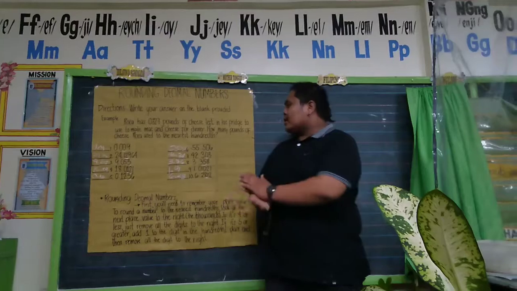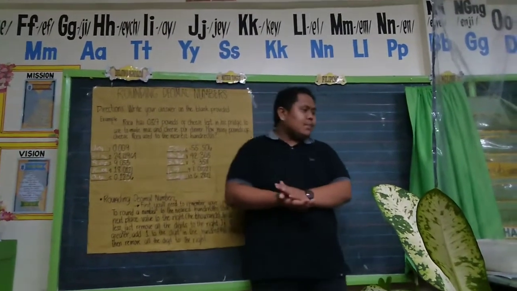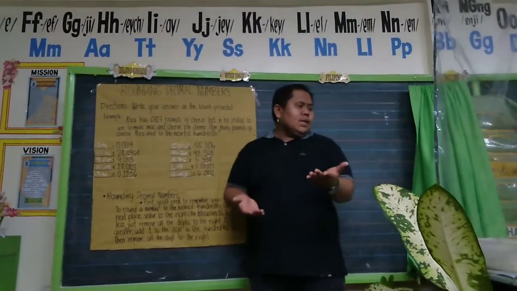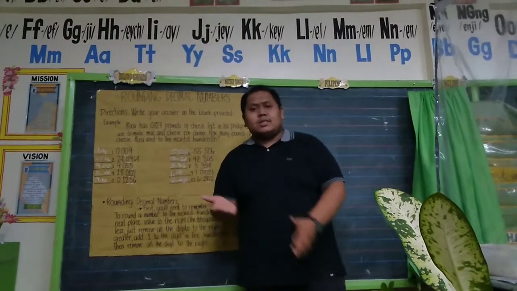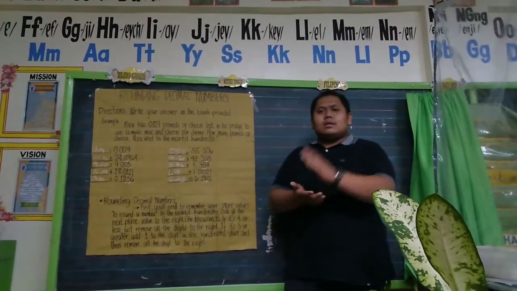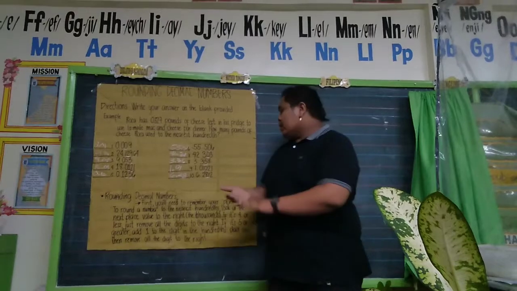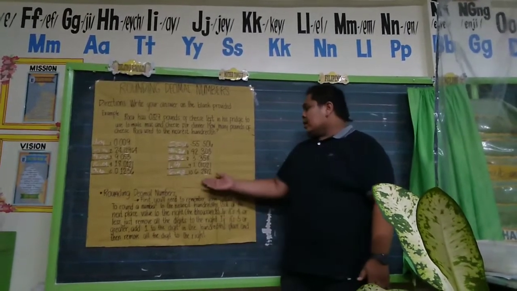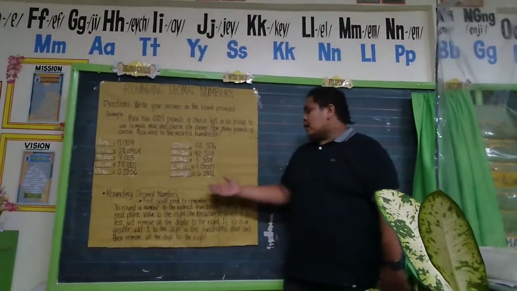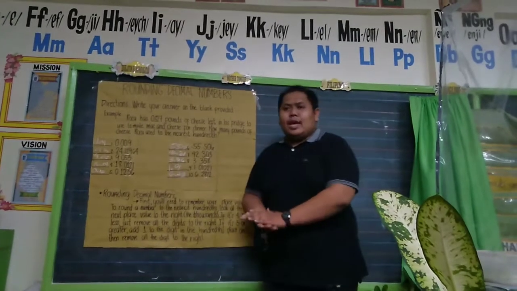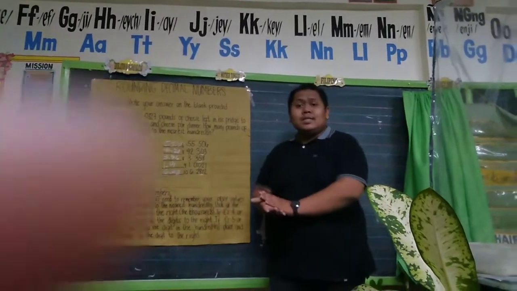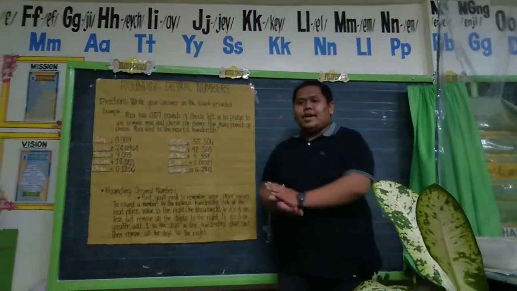Correct, by rounding it to the nearest hundredths. Now, how do we round decimals? You are also correct. We round up when the digit is 5 or greater and drop it when it is less than 5.